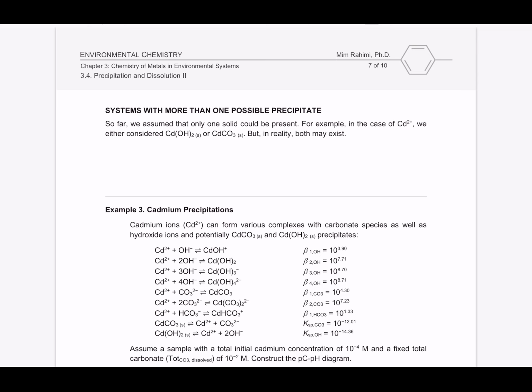So in reality, we might get, let's say if this is a metal with L1, L2, and so on, it might also precipitate with L1, L2, and so on. So we want to see how we can solve for such system.